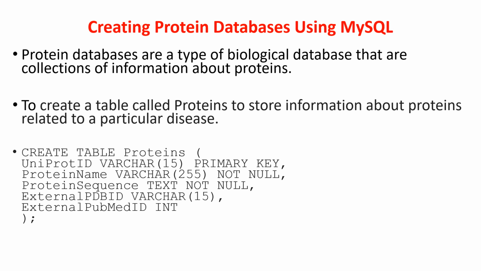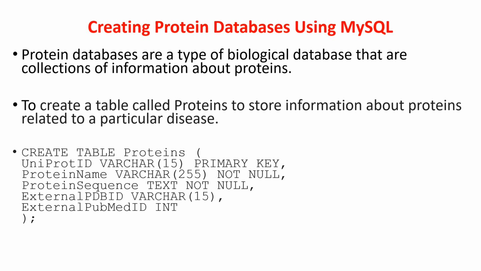Then it shouldn't be a null value. That is why we have NOT NULL. Then we have the protein sequence heading, which also indicates the sequence, and it should be text. It should be text that will be accepted in that column, and it should be NOT NULL.